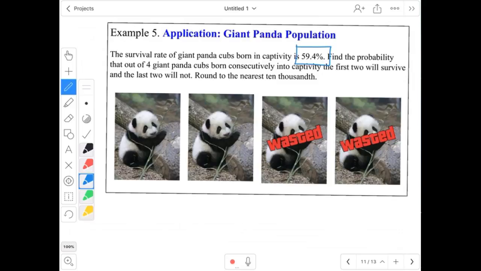If it was consecutively, this would be 0.594 times 0.594, and then this would be multiplied by the probability of them not surviving. I forgot I made this 0.406 times 0.406, and then I'm just going to multiply those together, and that will be our overall probability rounded to the nearest thousandth.